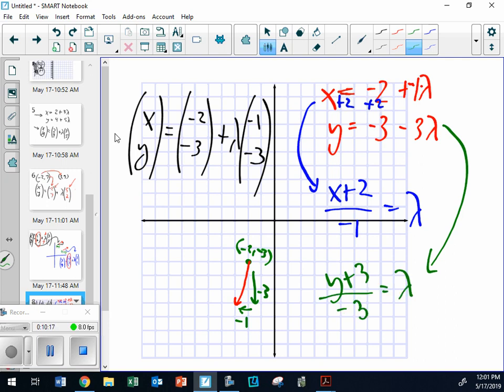And I've got them both solved for lambda. And then I can set them equal to each other. This equals that. Look, Mom, no lambdas anymore. And I've got it back to rectangular. Except we even have a new name for rectangular. It's called Cartesian.